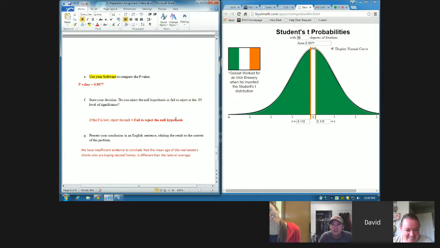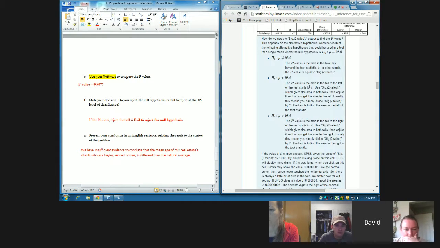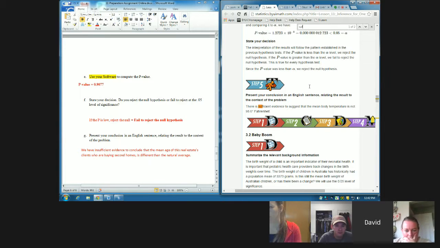So that's the end, when it asks for the English sentence to put it in English terms. I remember in the textbook it said if you fail to reject the null, then it's because there is insufficient evidence. But if you reject the null, then it's because there is sufficient evidence. I can remember that.